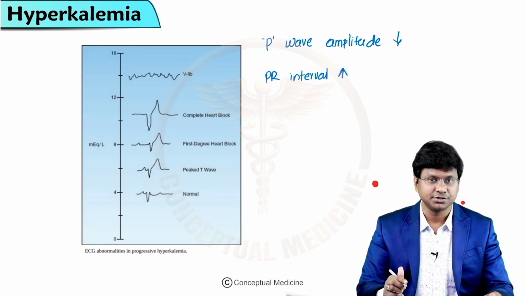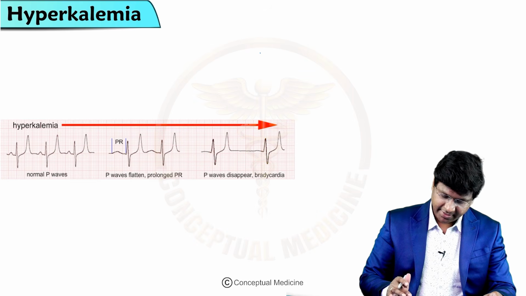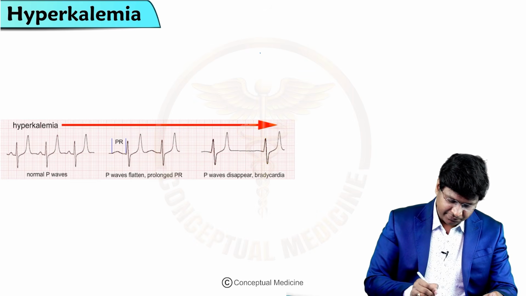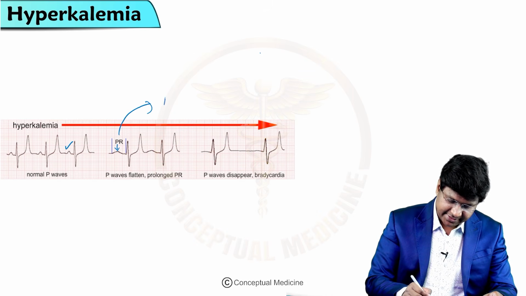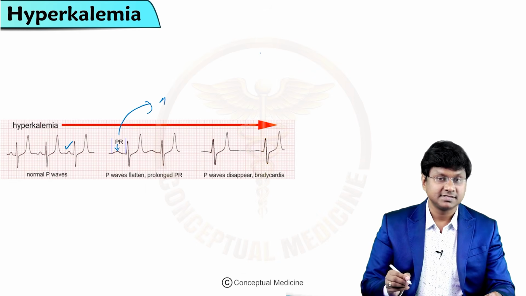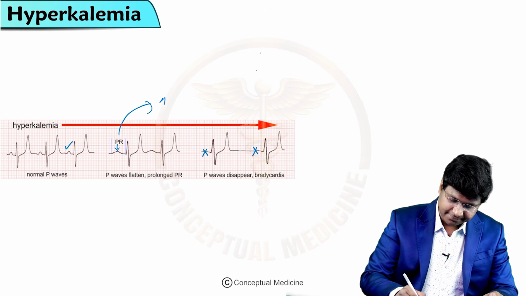Eventually, the amplitude of the P wave is decreasing and the PR interval is increasing, but subsequently there is no P wave at all.